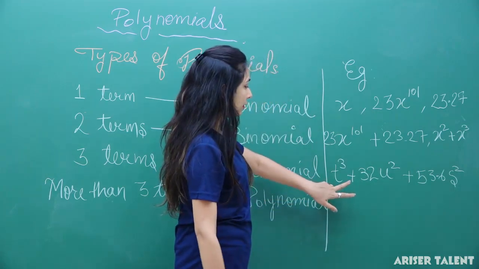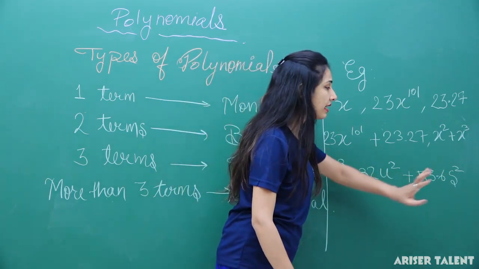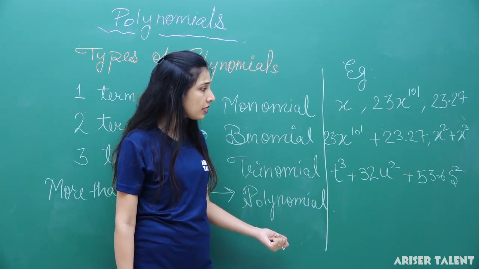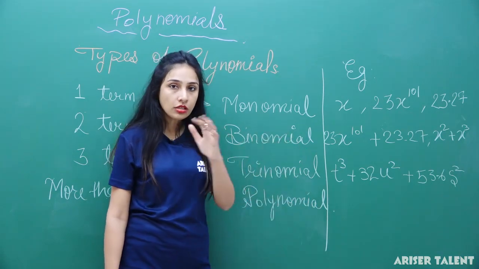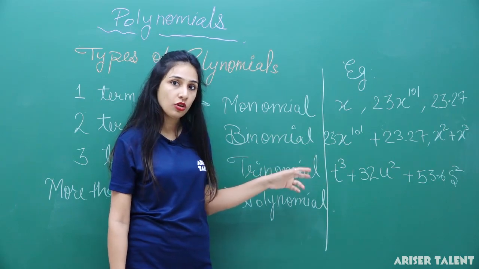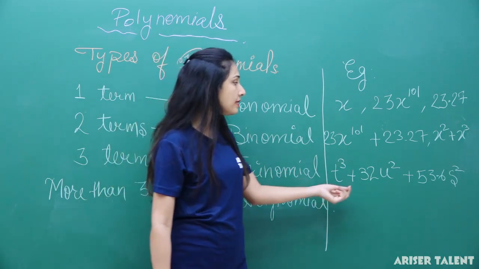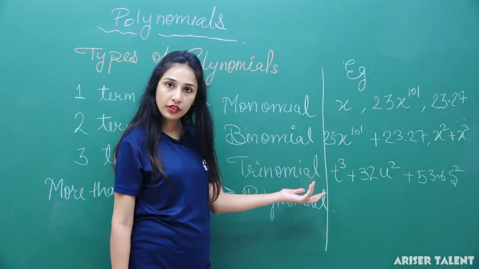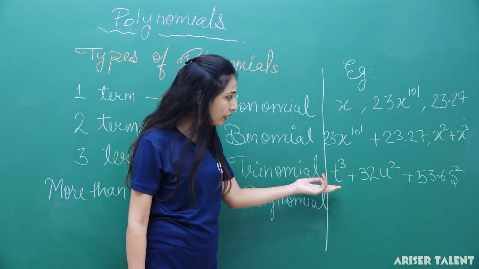Now I am saying that students, this t, this u and this s are variables. Now you will say, what kind of equation is this? We are not having any x, y, z. It's not compulsory that x, y, z will always be there as variables. No, s, t and u can also be variables. Now this is another kind of expression.